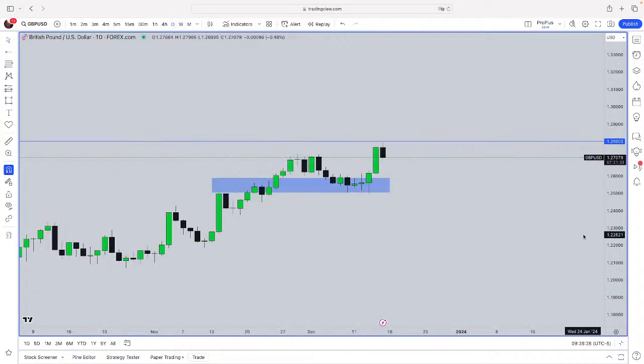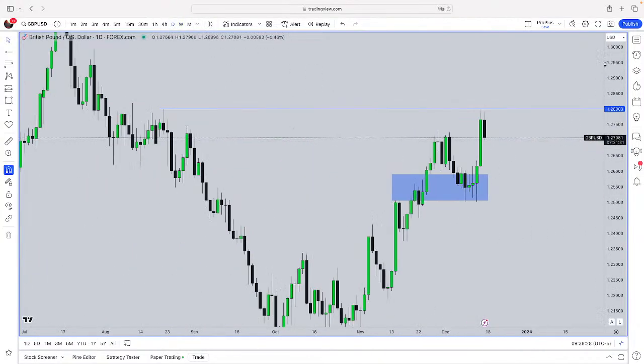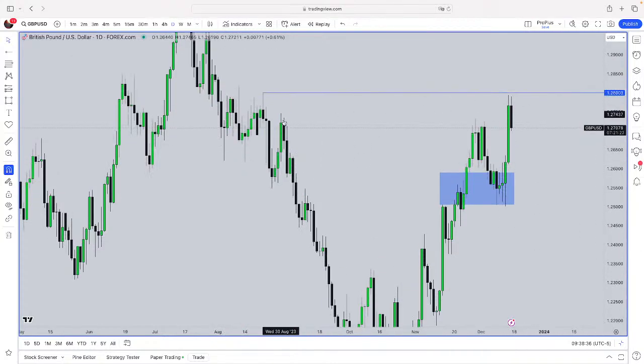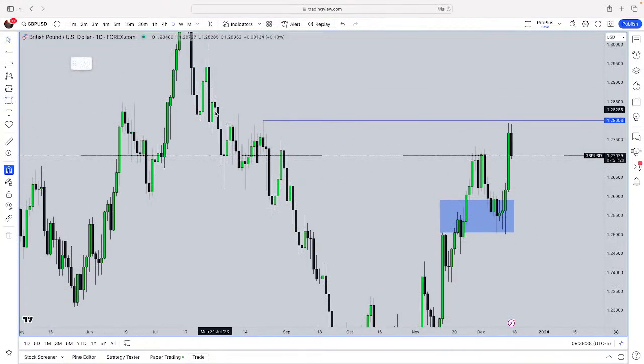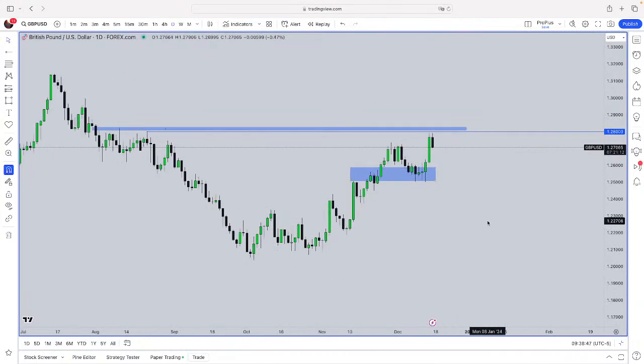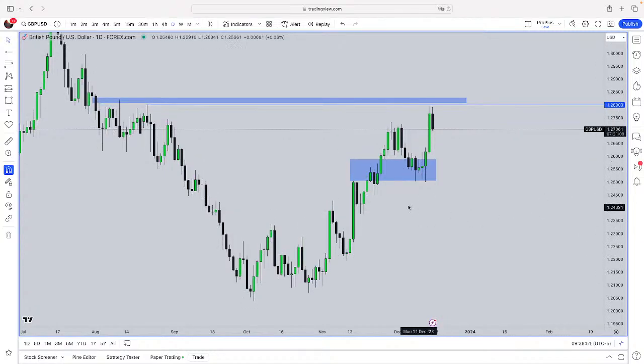So let's go down to the daily. There are equal highs here and here. And just above that is an inefficiency here, which hasn't been fully filled yet. So that would be my draw on liquidity. And for me to be bearish, that low would have to be taken here.